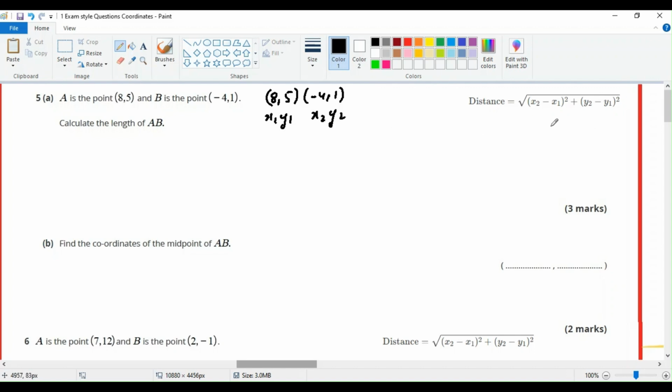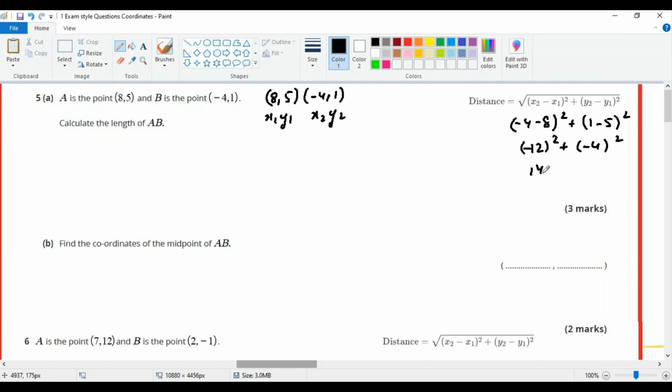We are substituting all these values. That means negative 4 minus 8 squared plus y2 which is 1 minus 5 squared. This is giving us negative 12, and 1 minus 5 is going to give us negative 4 squared.